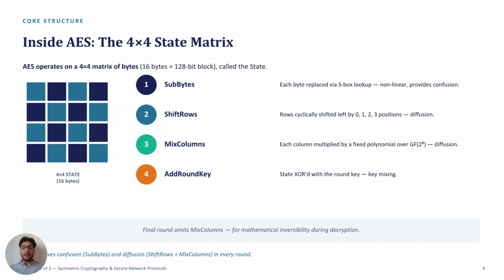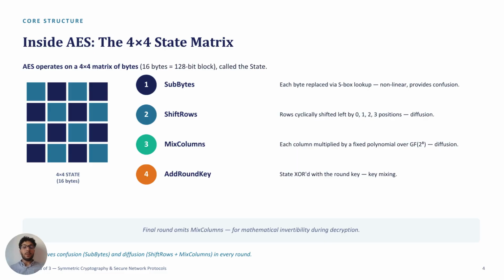ShiftRows cyclically shifts the four rows of the matrix left by 0, 1, 2, and 3 positions, respectively. This starts mixing bytes from different columns. MixColumns multiplies each column of the state by a fixed matrix over the mathematical structure called GF(2^8).